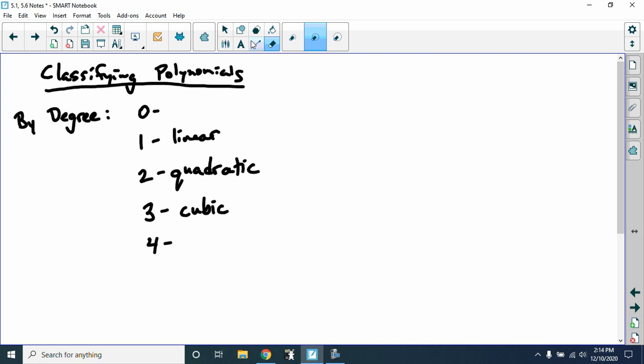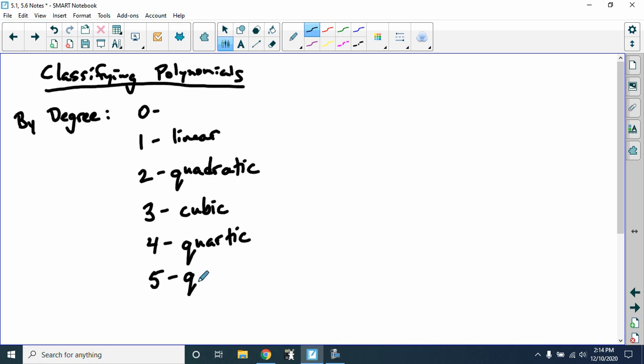If our highest power of x is 4, that is called a quartic. Degree of 5 is called a quintic. And anything higher than 5 does not have a special name. It's just called like a 6th degree polynomial, or 7th degree, or 10th degree.